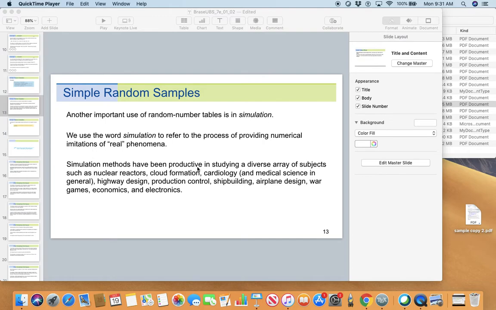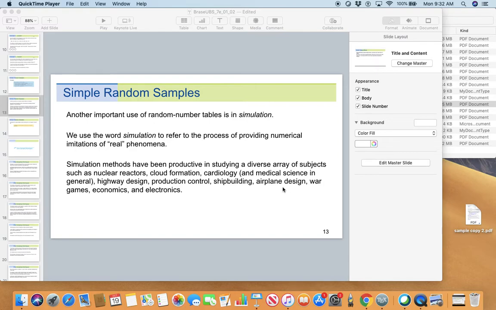Simulation methods have been productive in studying a diverse area of subjects, such as nuclear reactors. Now, with nuclear reactors, you are not really going to do something dangerous as an experiment. You're going to use a computer system to understand quantitatively what can happen in an experiment. Likewise, cloud formation or cardiology, medical science in general, highway design, production control, shipbuilding, airplane design.